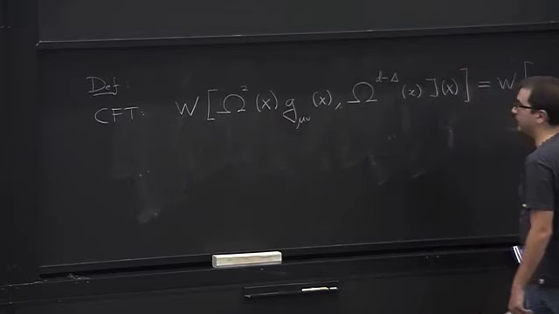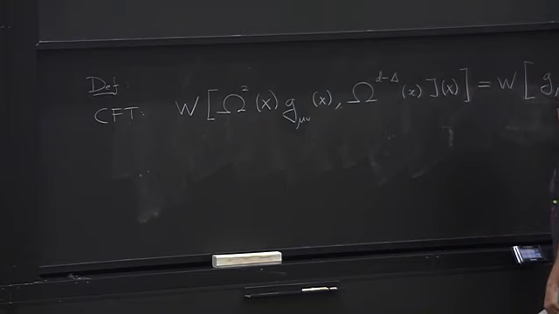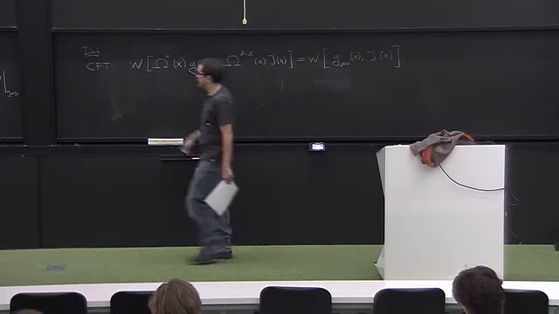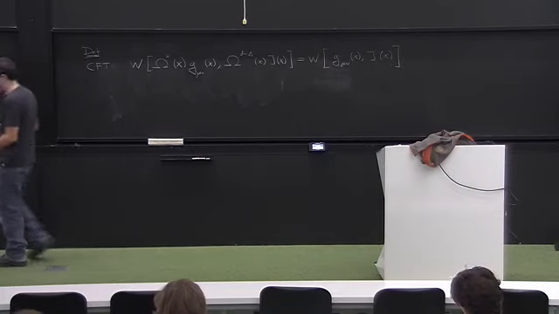This generating function should be equal to that for omega-transformed G mu nu and J of x.